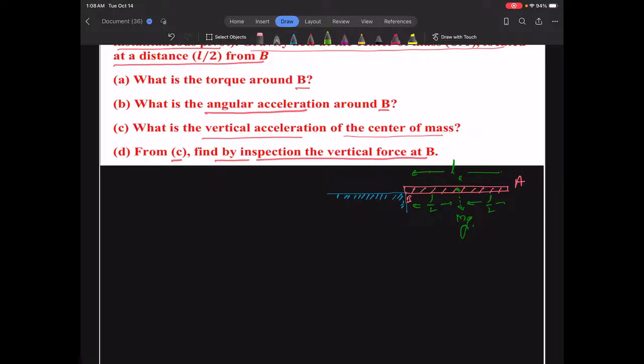And initially it is given that there is some support at A, and when this support is let go, this rod is going to pivot about this point B. And let us suppose there is an angular acceleration of alpha.